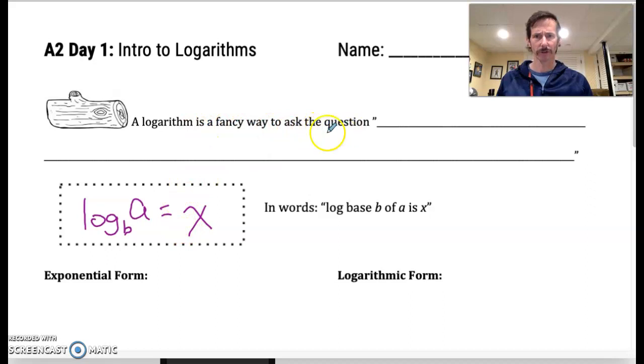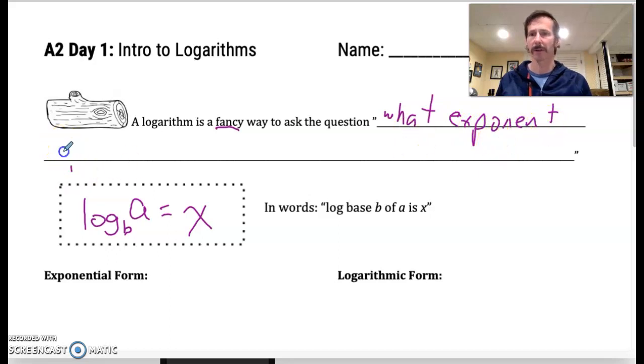And again, the question is a fancy way to ask what exponent, and remember, most of you got that right on the video. Exponent is the fancy word for logarithms.